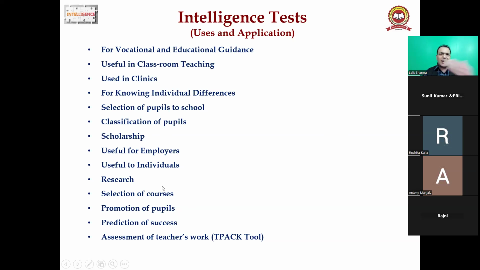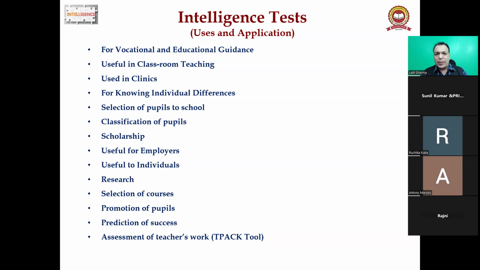So these tests are basically developed by psychologists and educationists, right? There are different tests. Look at the last, what is written in the last, assessment of teachers' work, TPACK tool, right? I also made this. I developed a test of TPACK. The full form of TPACK is technological, pedagogical and content knowledge. So basically that was a scale or test on teachers, right?